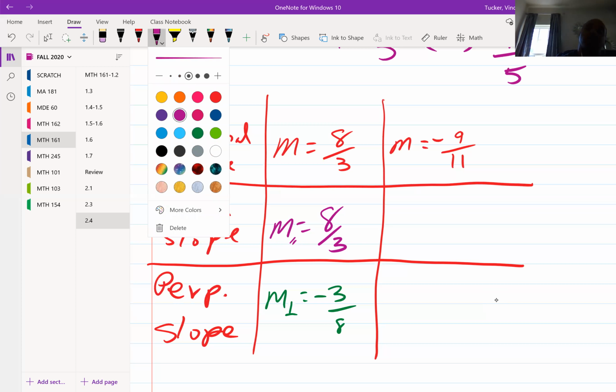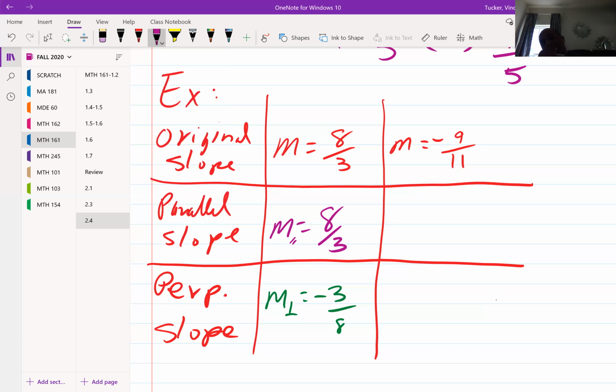All right. Questions. For the next one, if my original slope is negative 9 over 11, a slope that's parallel to that would be negative 9 over 11.